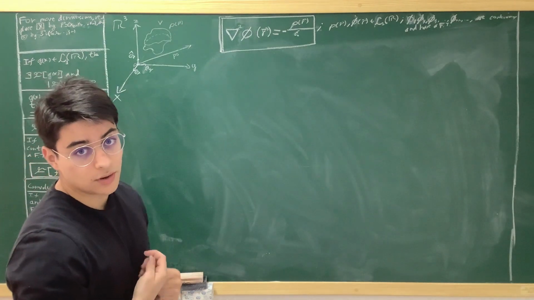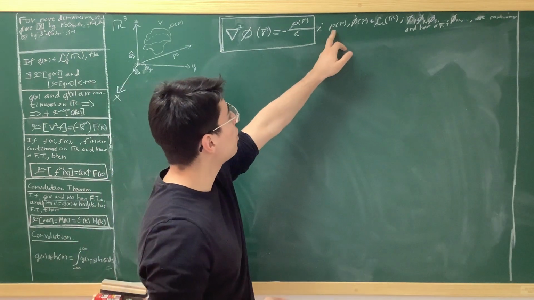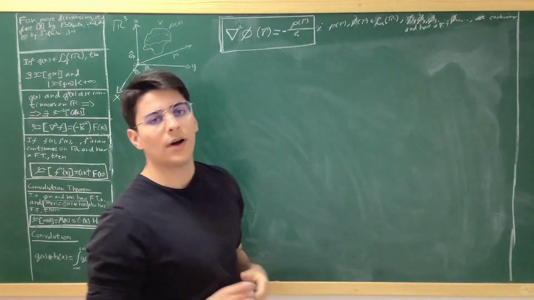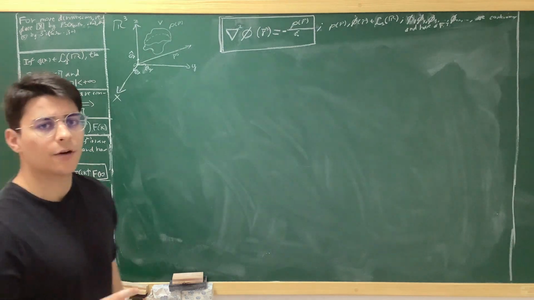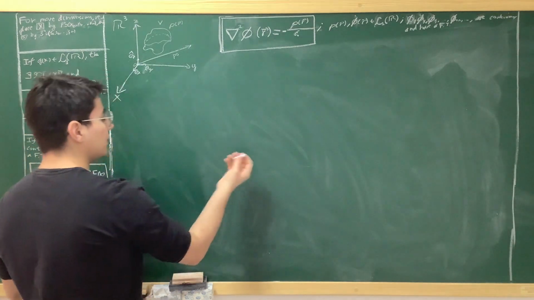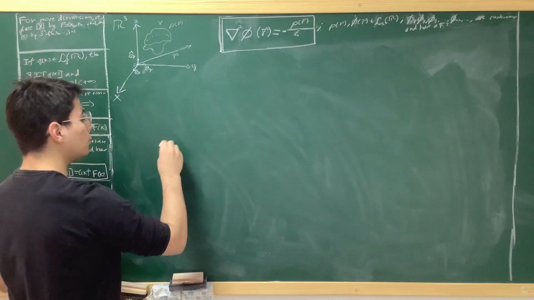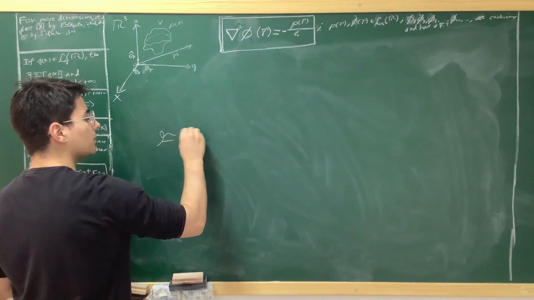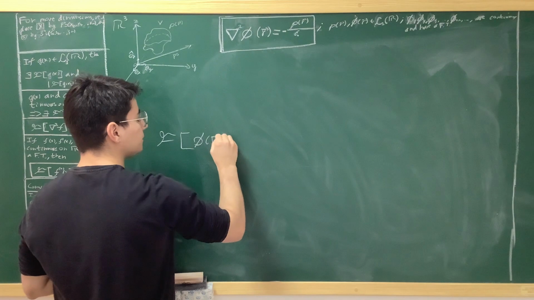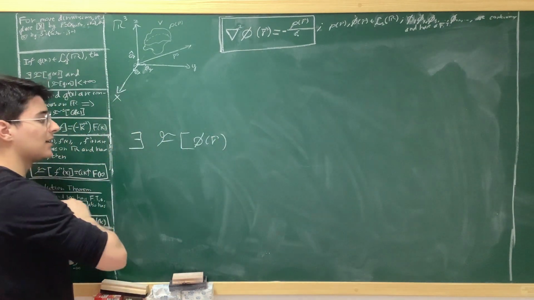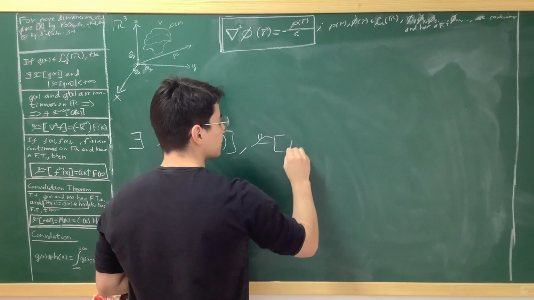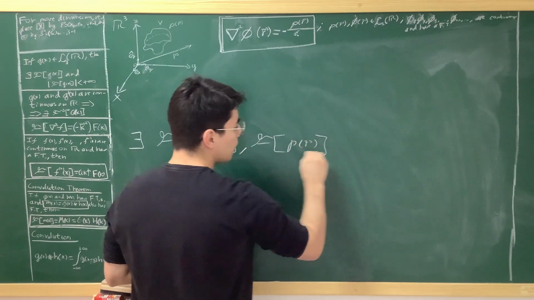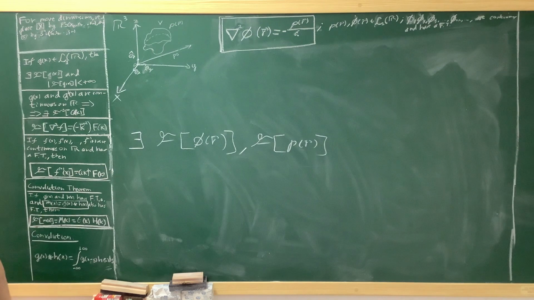The boundary conditions we're going to impose are that rho and phi belong to L1. What this means is that rho and phi both have a Fourier transform. So the Fourier transform of phi exists, and the Fourier transform of rho also exists.